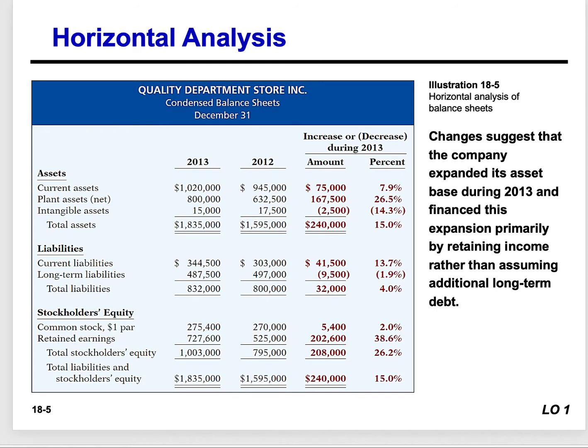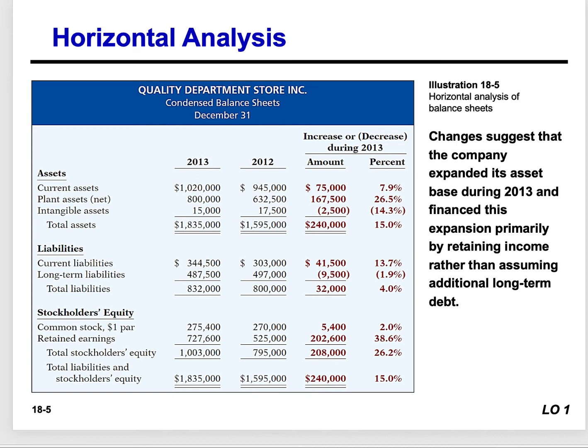So what we see here is an example of horizontal analysis. Notice we have the balance sheet, right? We have the classified balance sheet. It gives us the current assets, plant assets, intangible assets, the liabilities, and it compares two different time periods, right? 2012 and 2013.